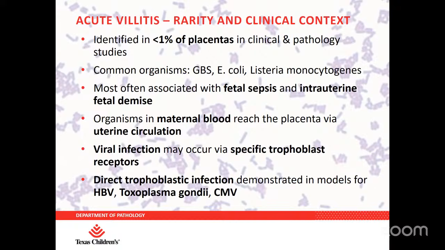Some viral and parasitic infections, for example CMV, toxoplasmosis, and hepatitis C or B, use specific trophoblastic receptors for entry and can also cause similar lesions. These infections may be clinically silent in the mother, but can be devastating for the fetus, leading to preterm delivery and intrauterine growth restriction, hydrops, fetal sepsis, or stillbirth.